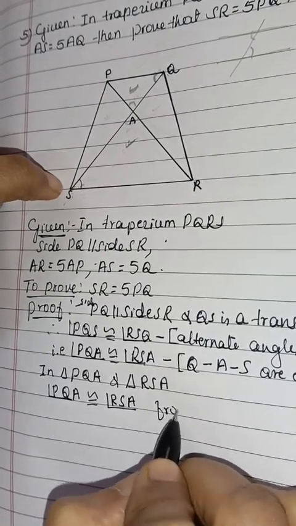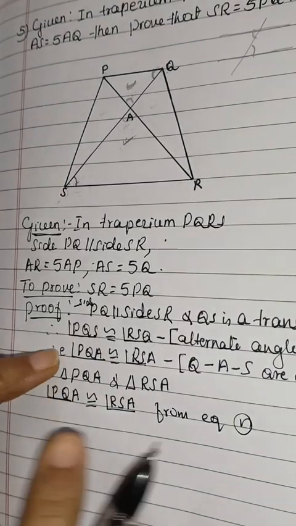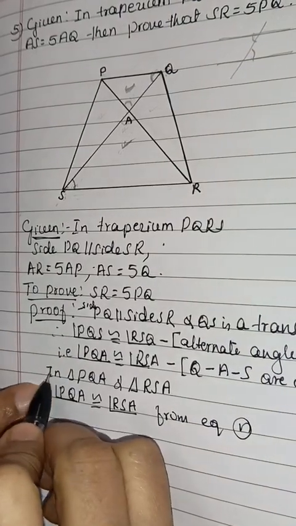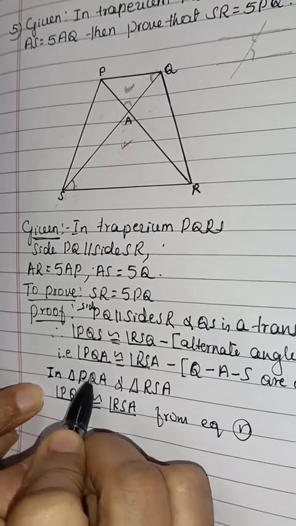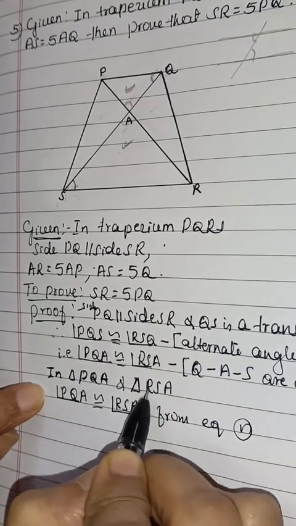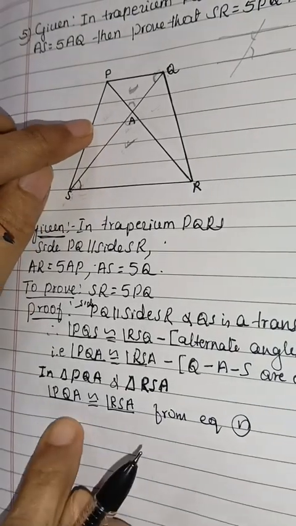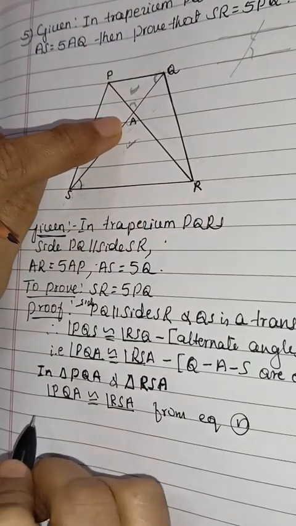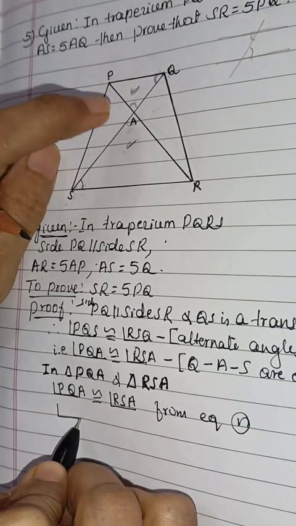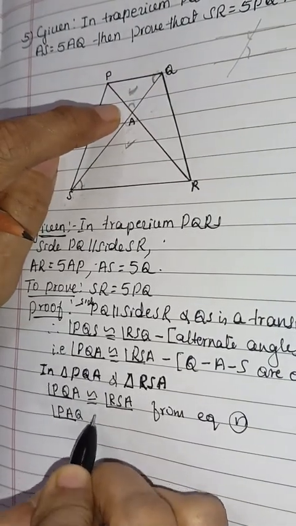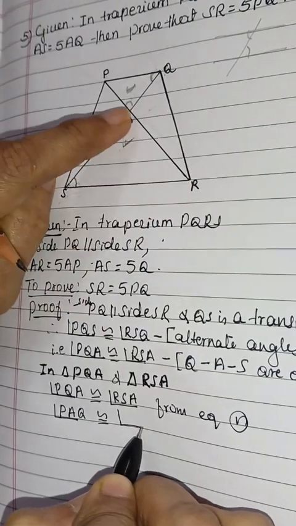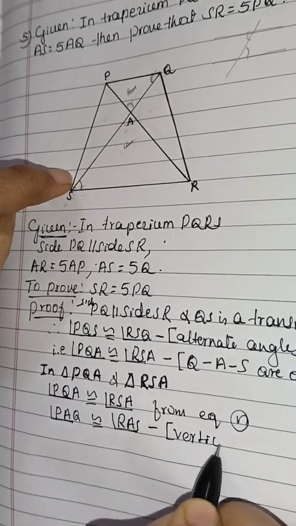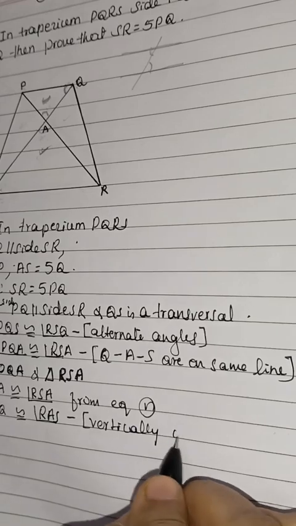This is from equation 1. And angle PAQ is congruent with angle RAS because they are vertically opposite angles.